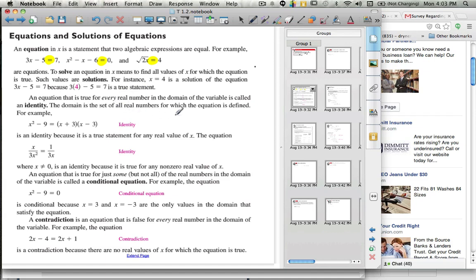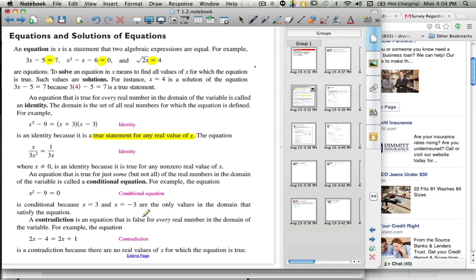And there are a lot of different types of equations. So we have identity equations, and identity equations are always true. They're true for any value of x. That's important, right? It's a true statement for any value of x. And we have conditional equations, which are true sometimes, so for specific values of x.